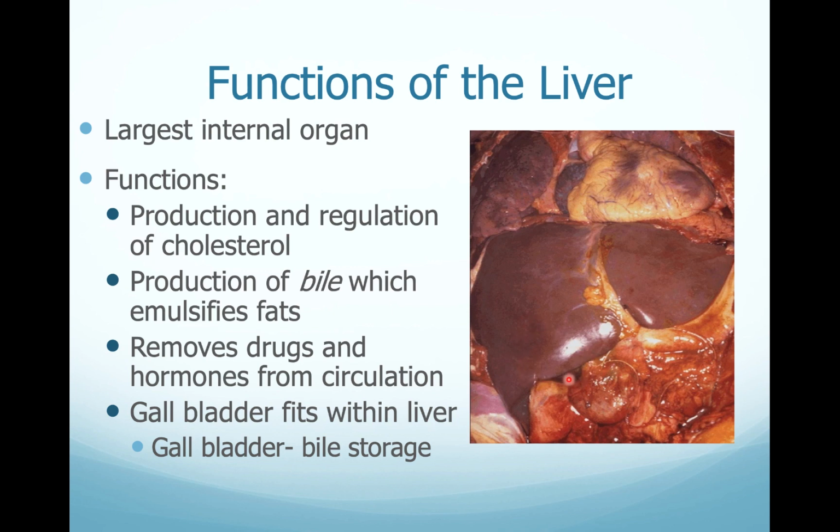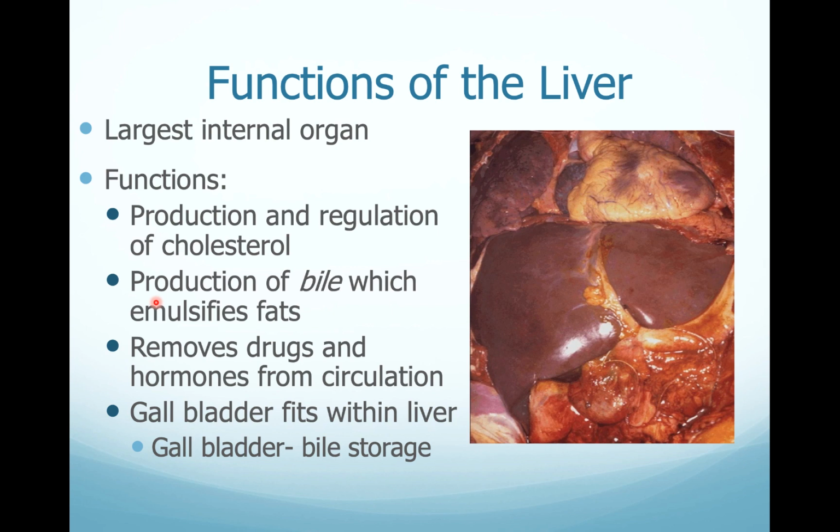So what is the function of the liver? This is the largest internal organ you have, and it is very heavy. Its job is to make cholesterol and regulate cholesterol. Its other major job in digestion is to make bile. Bile's job is to emulsify the fat. This means take a big glob of fat and break it into tiny little globules of fat.